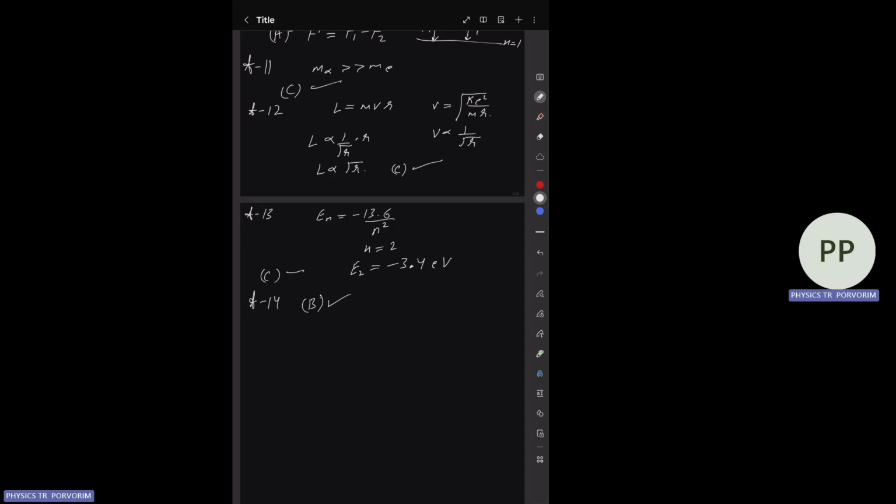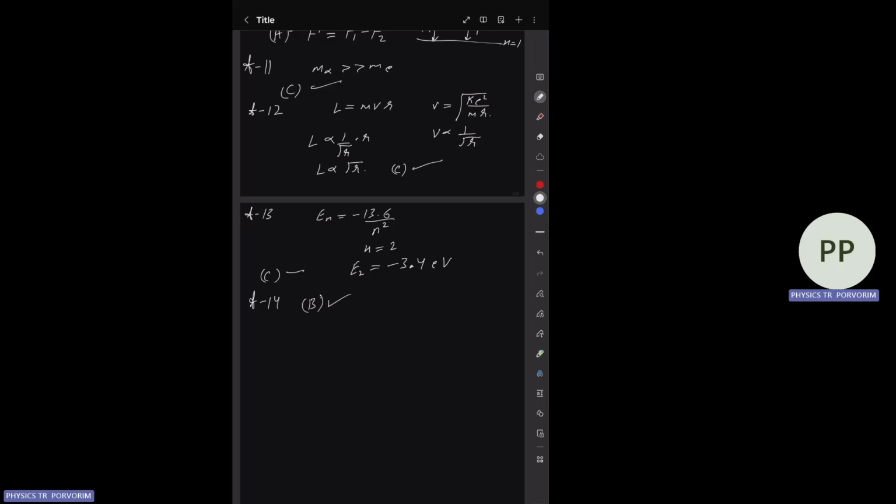For the electron transition 2 to 1, the energy of the photon can be found as follows: in the ground state the energy is 13.6, and in the n equal to 2 state it is 3.4.